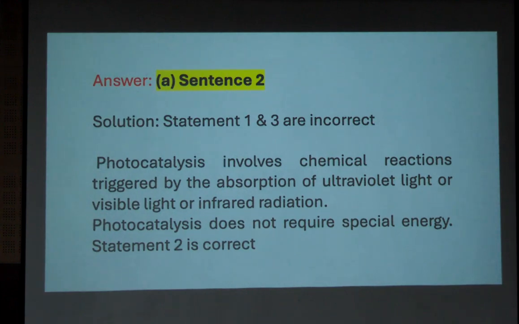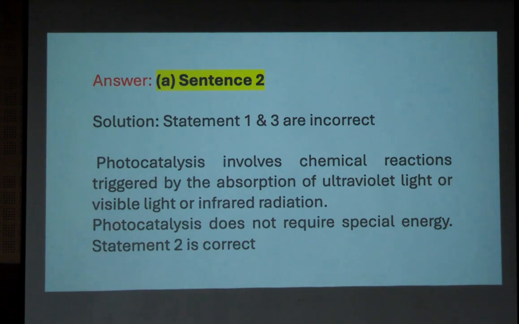Those are the sources. These are not really special sources. They are easily available. You don't need to prepare a special source. But anyway, that was what I wanted you to tell me: which sentence is correct.